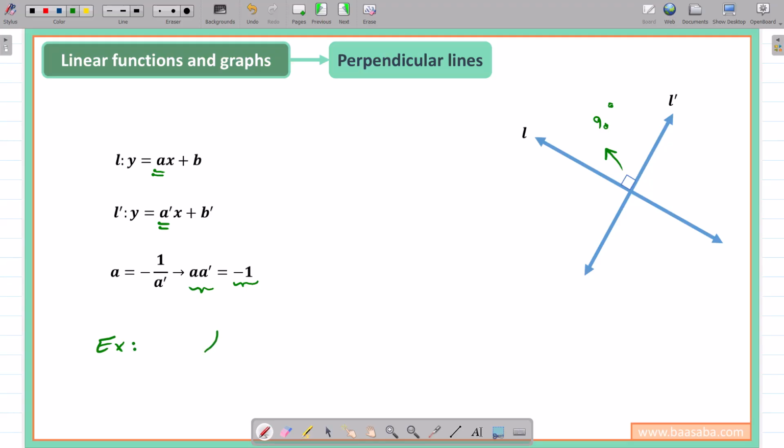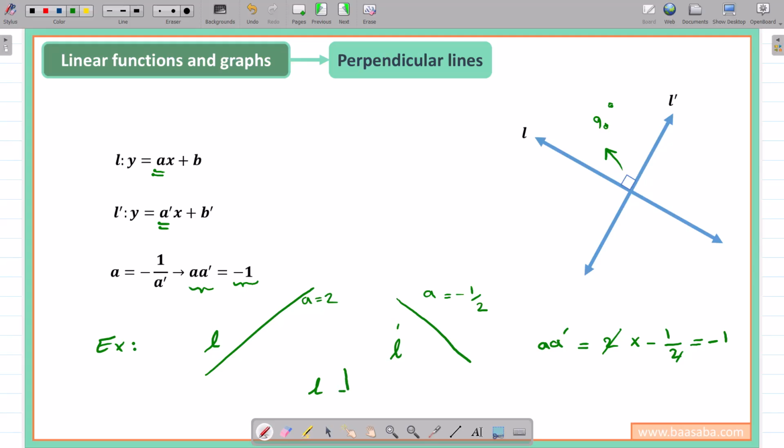Line L has the gradient of 2, and line L prime has the gradient of -1/2. If we multiply these two gradients together, 2 times -1/2, we can simplify the 2s and the answer will be -1. So L is perpendicular to L prime. This is how we can find out if two lines are perpendicular.